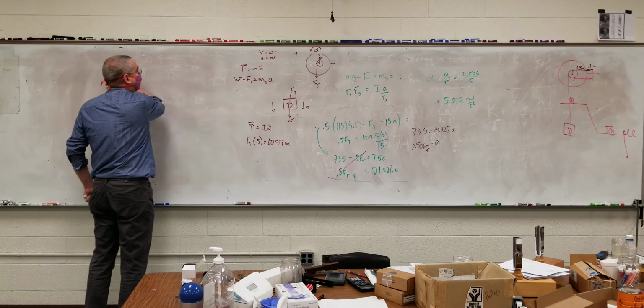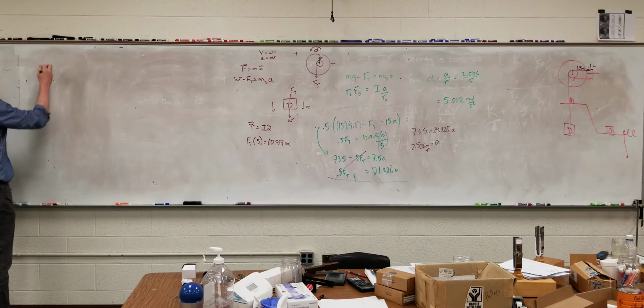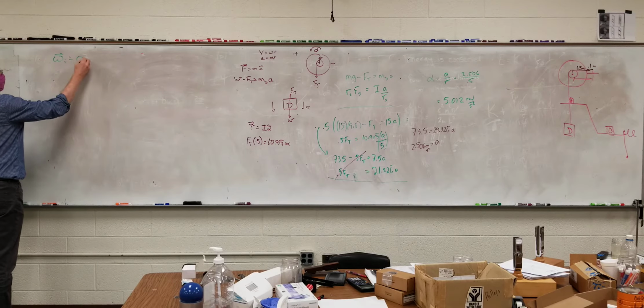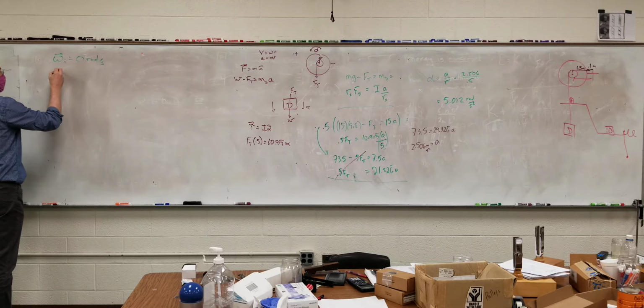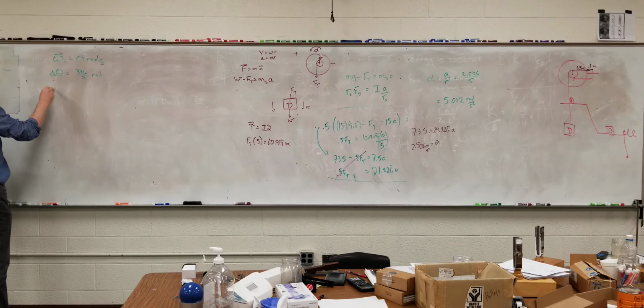Let's see, we don't need this information anymore. I know that my initial angular velocity is 0 radians per second. The angle through which it's going to turn is, we're doing radians, 3 pi over 2 radians, or 270 degrees. Omega final is what I'm trying to find.